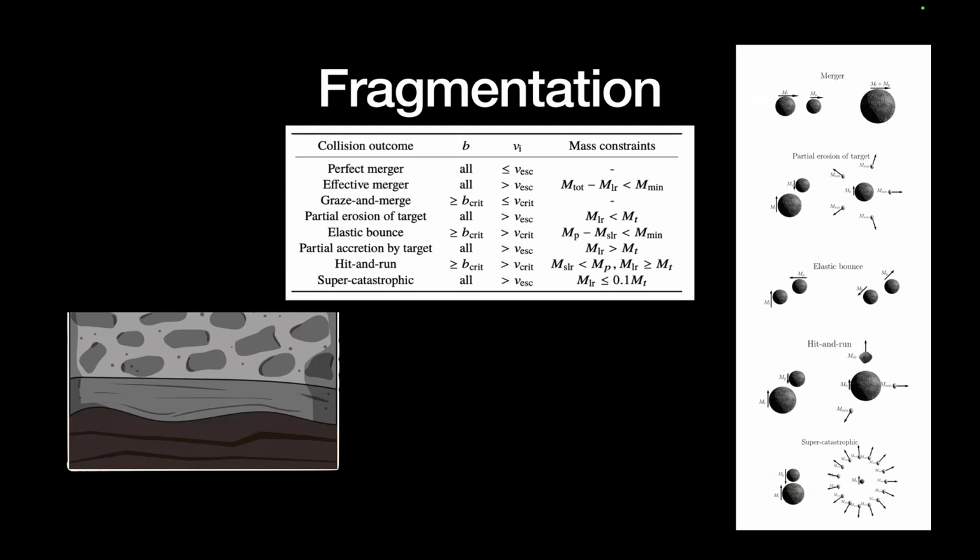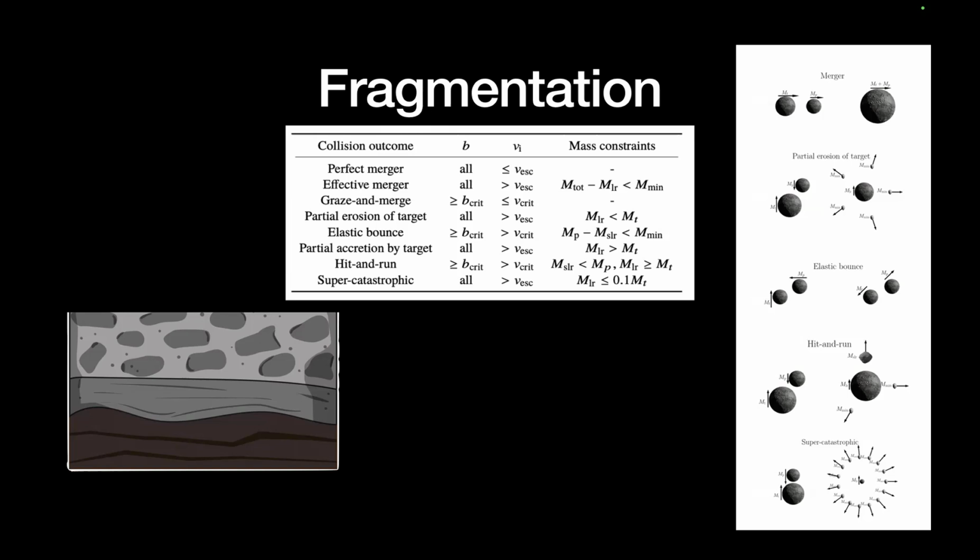I think in a hit and run, in that particular case, we don't model this, but if you wanted to, and I think future studies have done this too using this code, a hit and run is more likely to result in just mantle stripping, as opposed to if you had a partial erosion with a lower impact angle, it might take off a deeper chunk of the planet, if that makes sense.